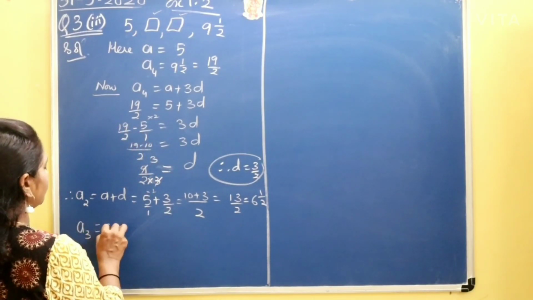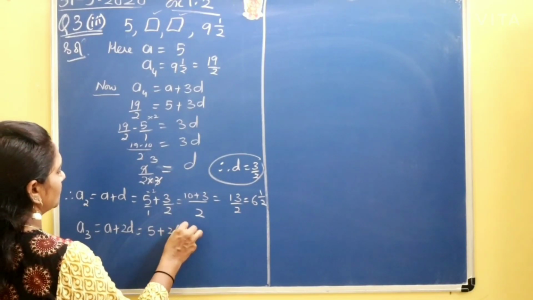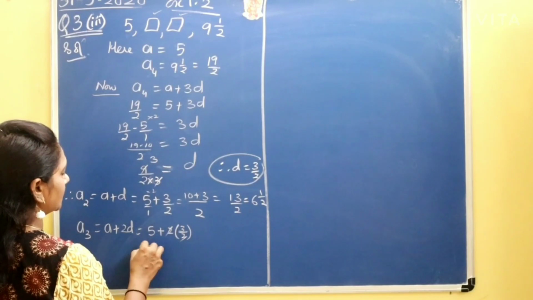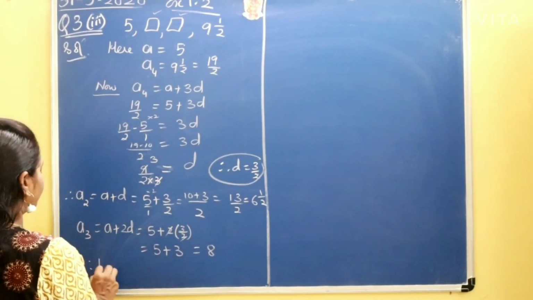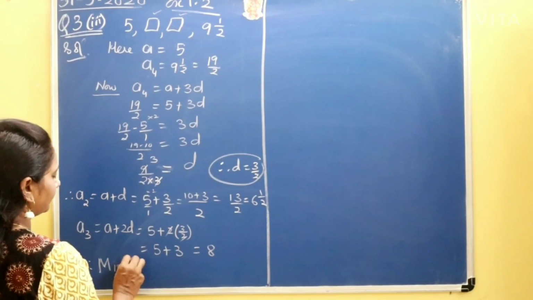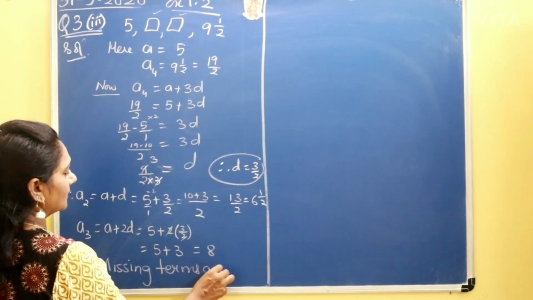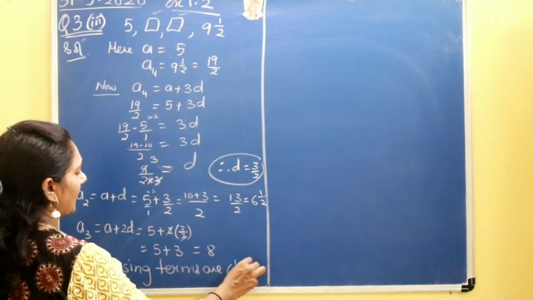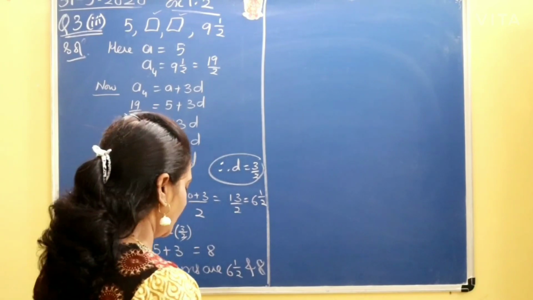Again a3 is equal to a plus 2d, that is 5 plus 2 into 3 by 2, 2 gets cancelled here, 5 plus 3 you get 8. Therefore, the missing terms are 6 1 by 2 and 8.